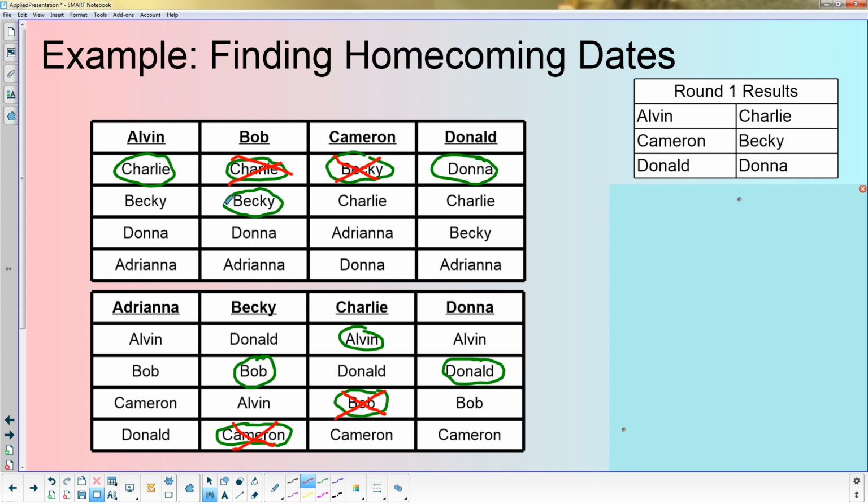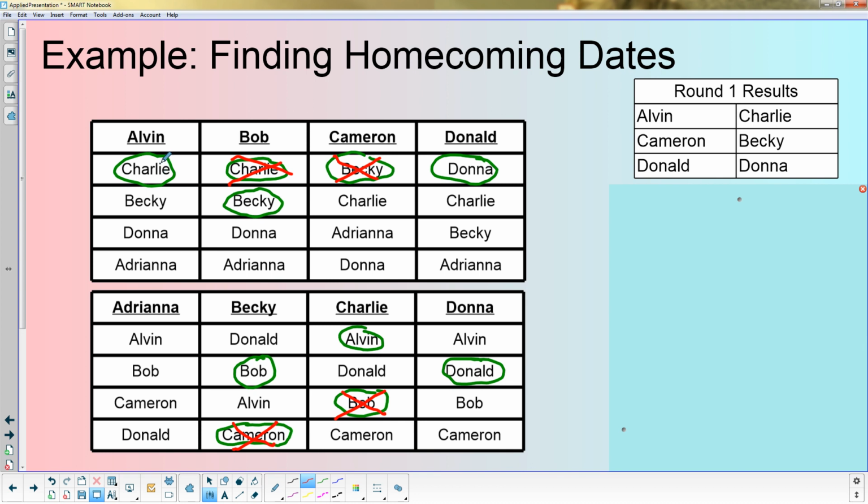Essentially, where this algorithm is a little bit different from how we see it through the example, when Bob proposed to Becky because he didn't have a date, Cameron also proposed to Becky. So Becky got two proposals, and she then rejected all of them but the top one.